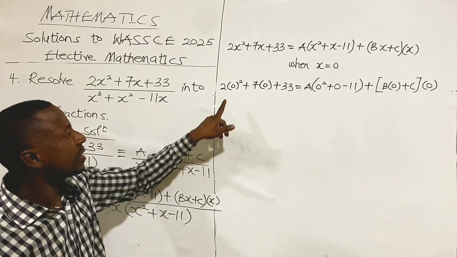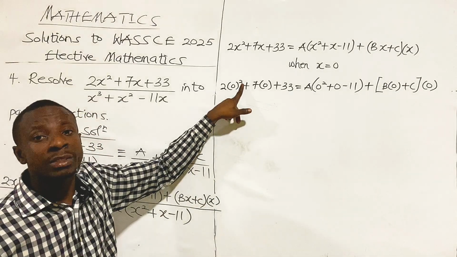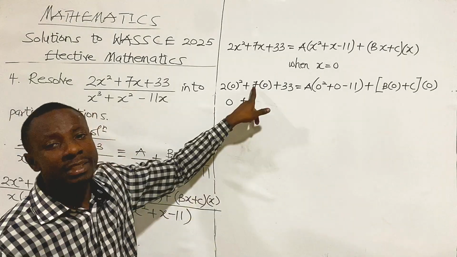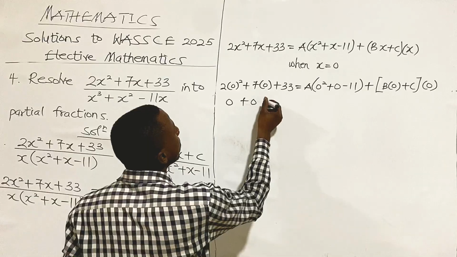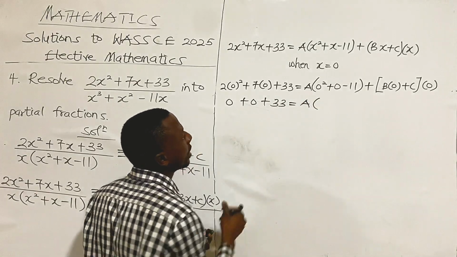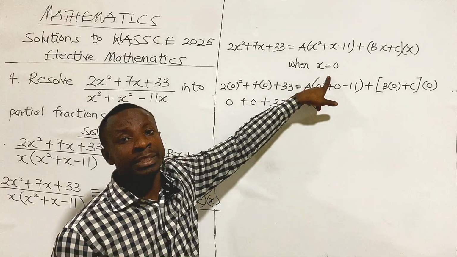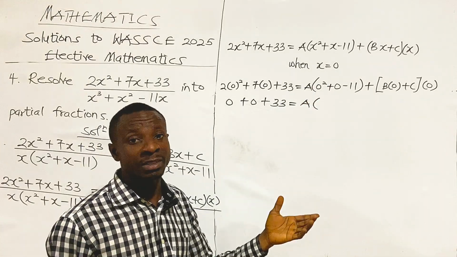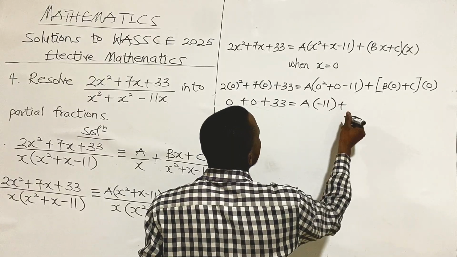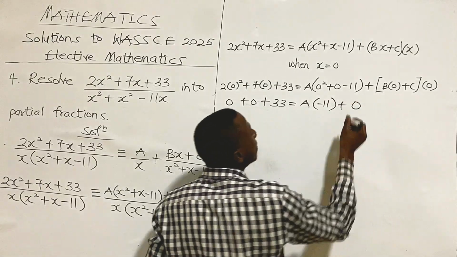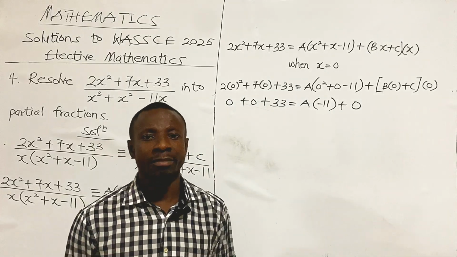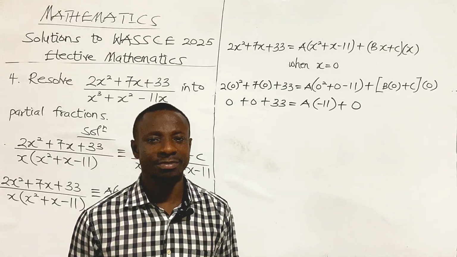If that is the case, 0 squared, we still have 0 times 2. We have 0 plus 7 times 0, we still have 0 plus 33 is equal to a multiplying 0 squared is 0 plus 0, we still have 0. 0 minus 11, we have negative 11 plus everything here we remove because 0 times anything is still 0.